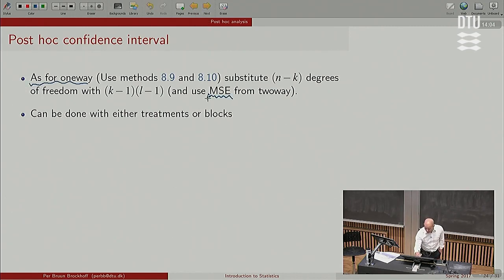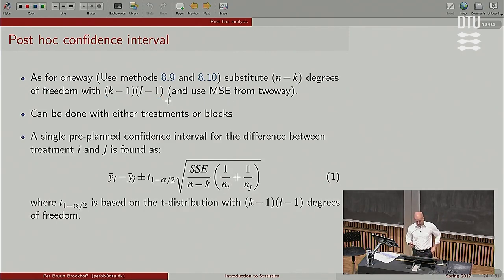So we use the MSE from the two-way computation, and then instead of using n minus k degrees of freedom as we did last week, we use these degrees of freedom. With those in place, we use the same method box as last week. That's how to do it. And you can do it with either treatments or with blocks.